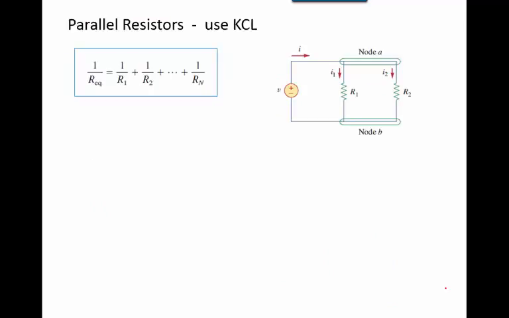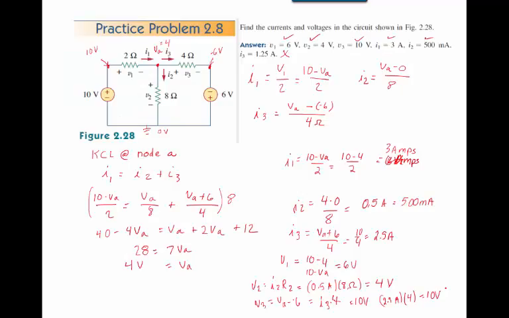V1 could have been I1R1 also. I would rework these problems for yourself also, because there's a lot of concepts playing all at once in these problems, and that's what makes them difficult. So the textbook had a wrong answer there. It was 2.5 amps.